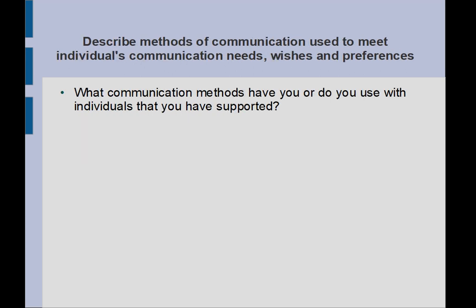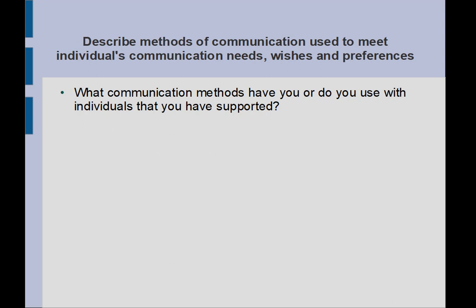Right, next we have describe methods of communication used to meet an individual's communication needs, wishes, and preferences. For this one, you want to talk about methods of communication that you've used. So whether you're using verbal methods, if you use Makaton or picture boards, if it's written methods, or anything else, describe them.